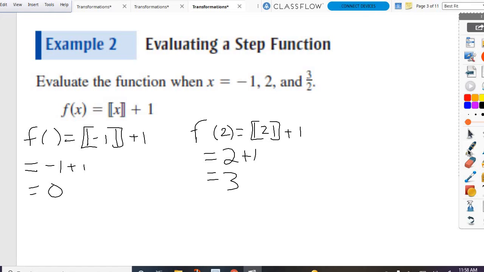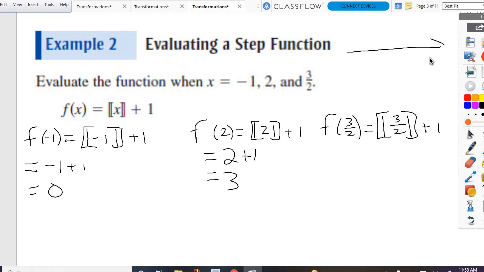What becomes a little bit different is when we start plugging in fractions or decimals. So here we have f of 3/2. So if, say, we wrote out a number line, I think that's a little bit helpful sometimes. Where on my number line does 3/2 live?